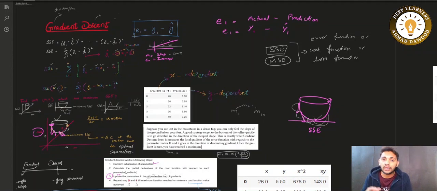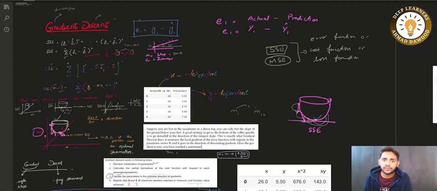I will also give you the idea about the difference of cost function of both models, linear regression and logistic regression, and I will also give you the reason for that.